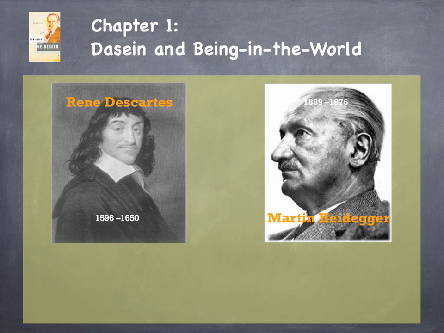In fact, in some ways, it's as though Heidegger was doing his philosophy in opposition to this man, Descartes. Although I have to say Heidegger is in opposition to many other Western thinkers, but Descartes is one of the big targets for sure. Well, what is Descartes' basic approach that seems so objectionable?